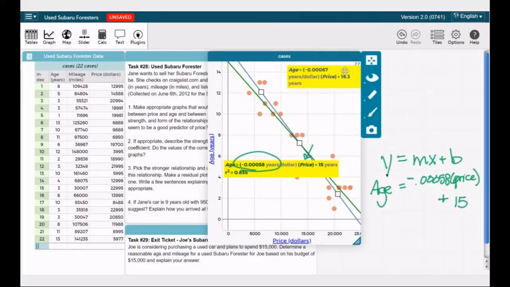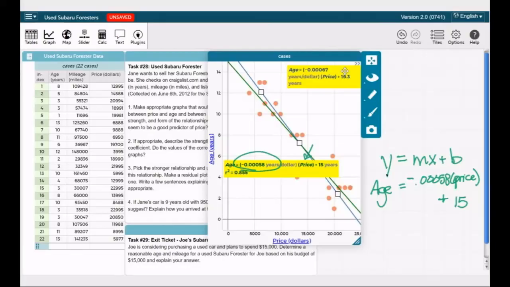15 years, what do we call that? What is that to my graph? Y equals mx plus b is called what form? Slope intercept form. That is the y-intercept. So at $0, we would expect it to be 15 years of age.